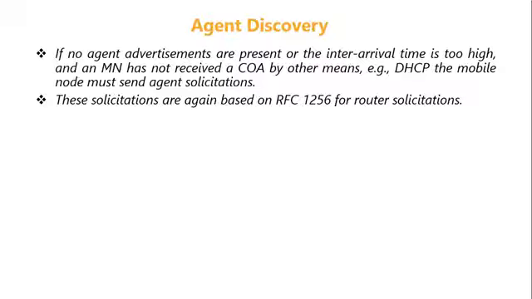If a node does not receive an answer to its solicitation, assume a node is sending a solicitation message but there is no response, then it must decrease the rate of solicitation exponentially to avoid flooding.